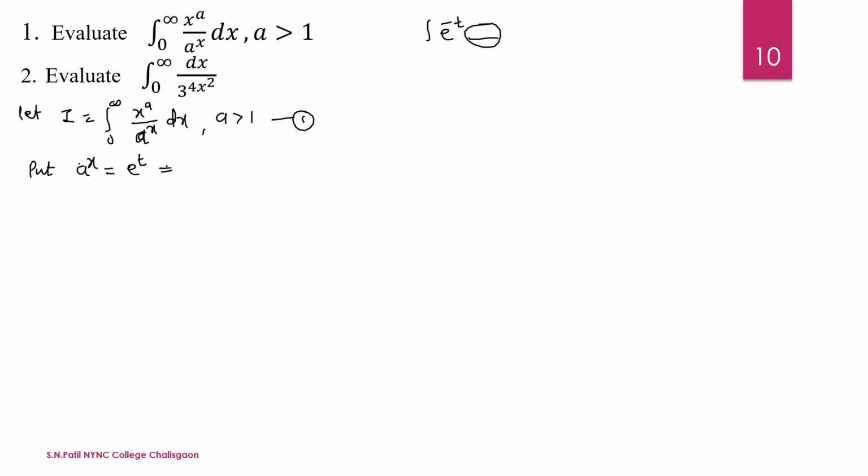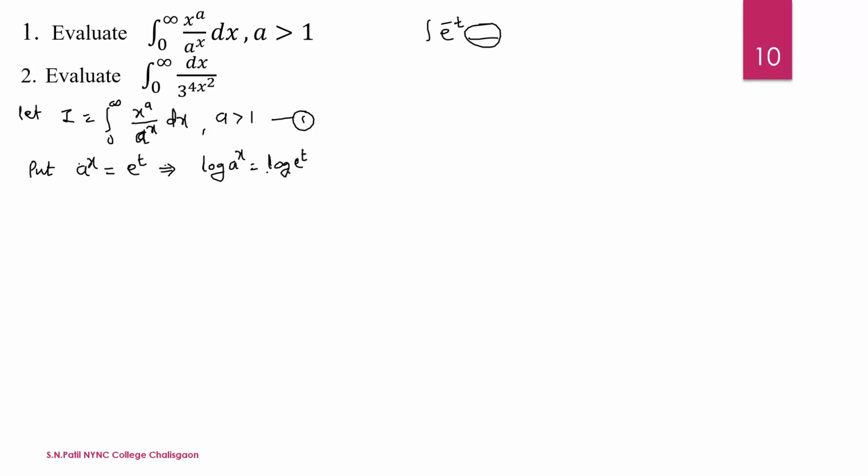Now here I am going to take the logarithmic function on both sides, base is natural. Log of a raised to x is equal to log of e raised to t.